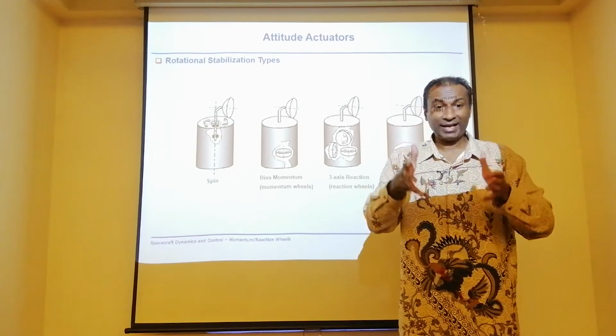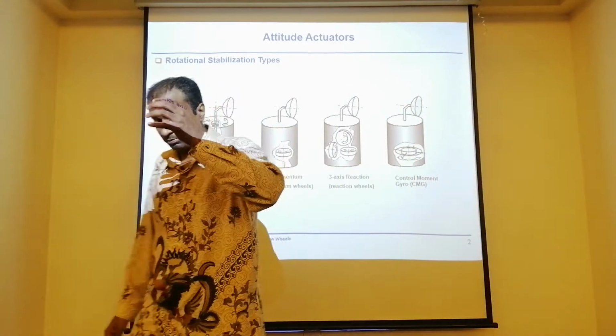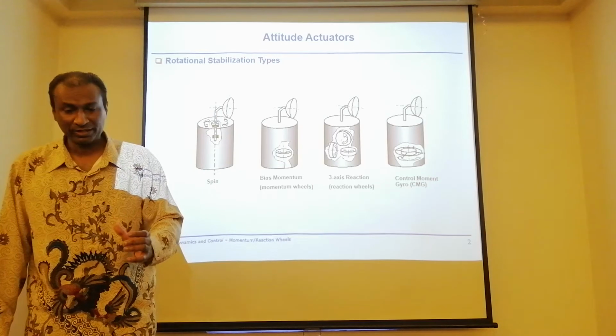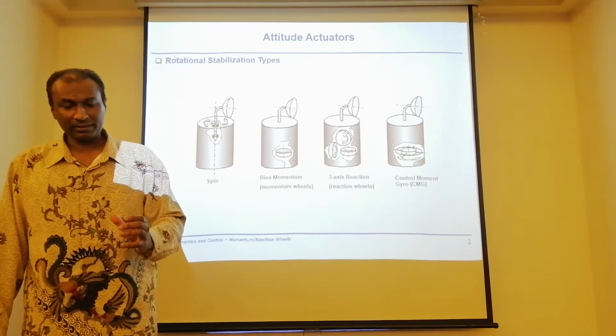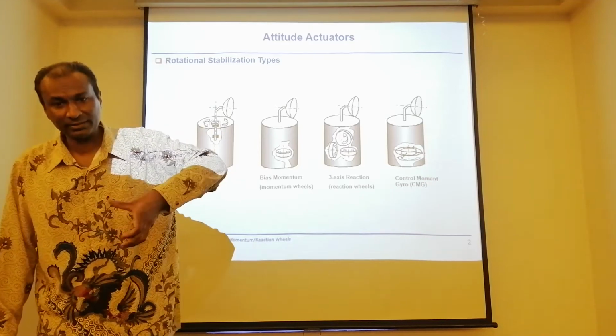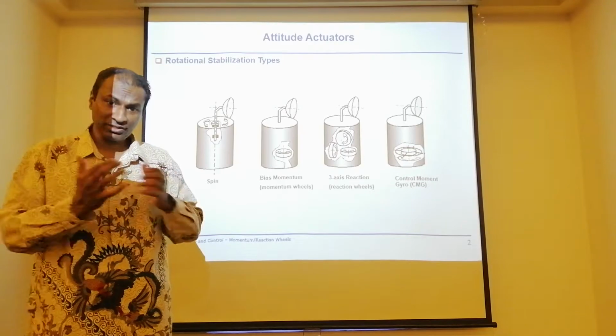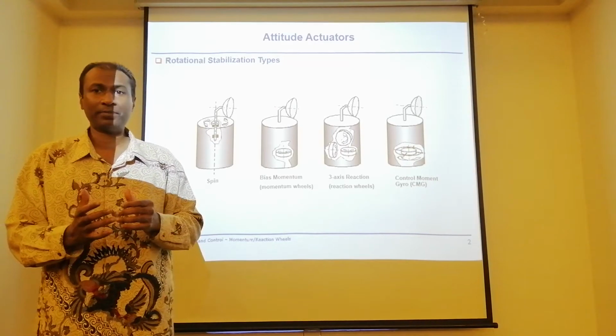So that will give me a torque not only on the spinning rotational axis, but when I change the spinning rotational axis, I tilt it, it will give me a torque in a new axis. I keep on changing it, what will happen? I can induce torque.